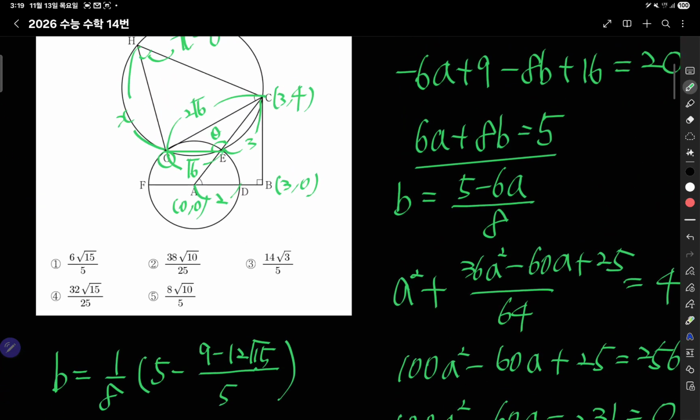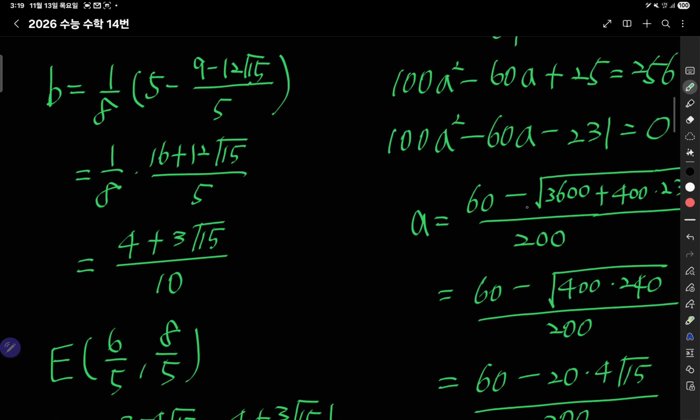Because in this diagram, the G is located to the left side of the origin, that means G's x-coordinate should be negative. So that's why I'm only taking this negative sign in the quadratic formula.